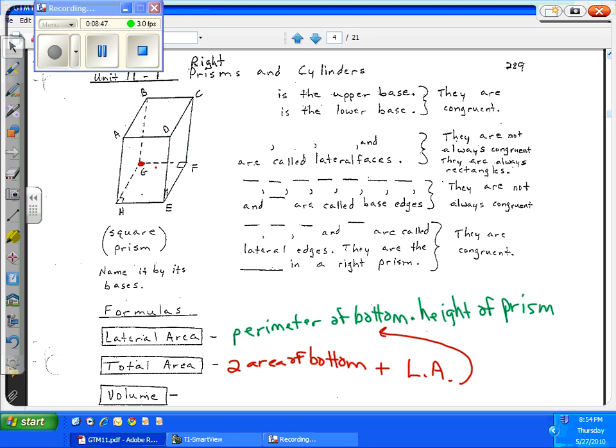Let me try to do a little bit better job of that. You would have a ton of these little flat surfaces, a ton of these areas, stacking up, stacking up, stacking up.